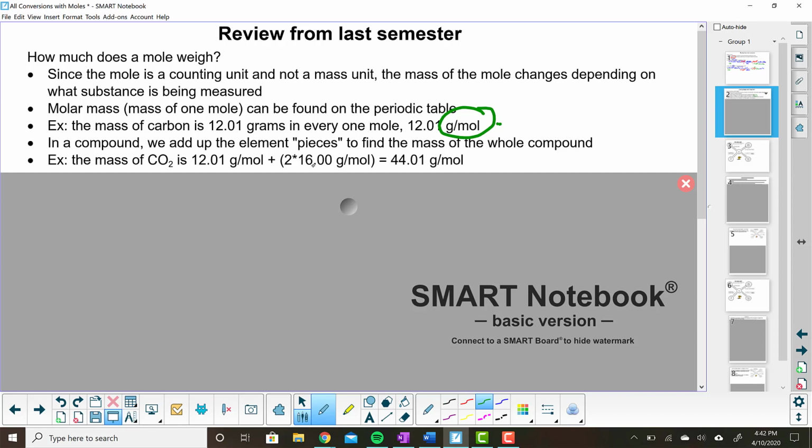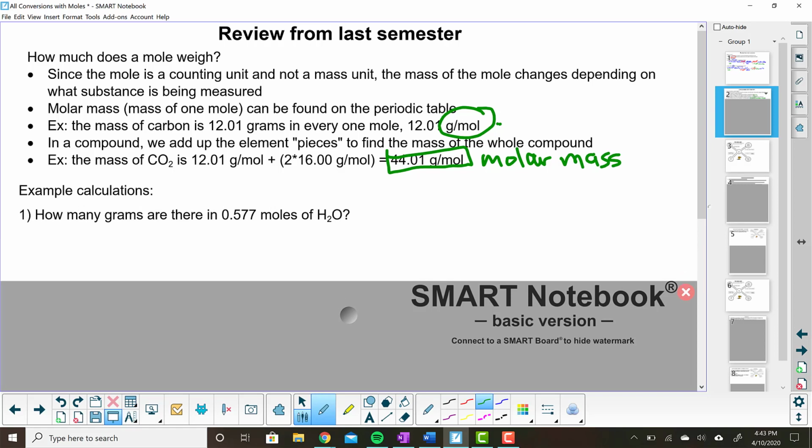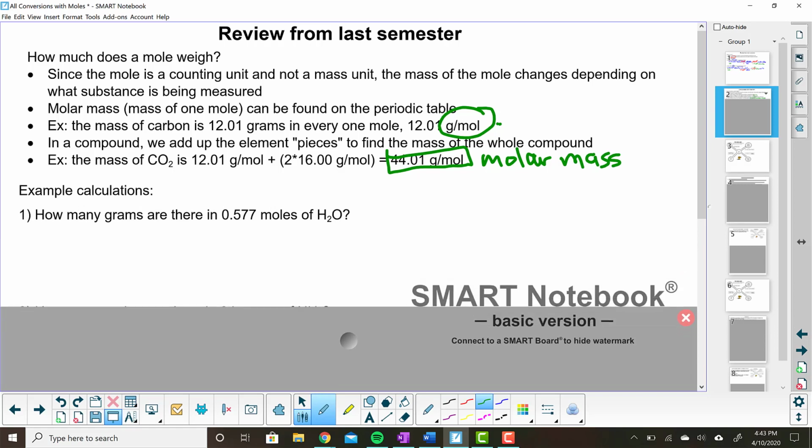So 2 times 16. I add those together and I get a total molar mass of 44.01. This is the molar mass of the whole compound. And once we learned how to do this, it opened us up for more calculations.